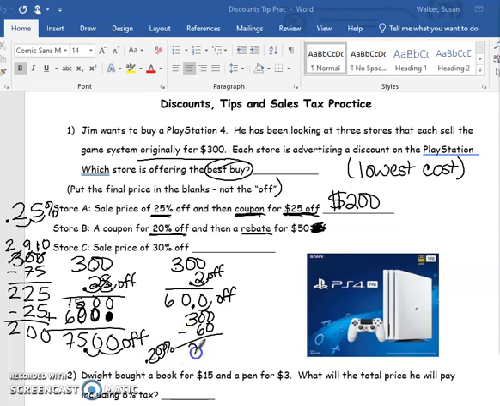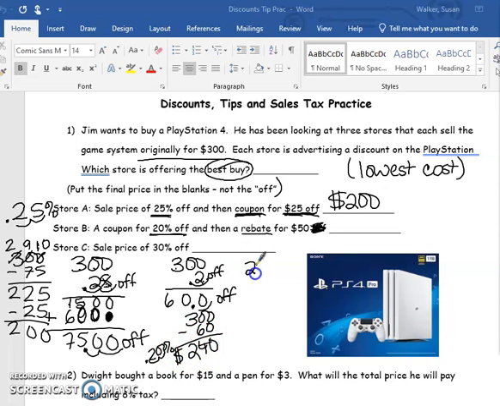And you should get 240. So now officially what we should be doing is we should be paying tax on this amount and then deal with our rebate. Okay, so what we're going to do is, again, for our purposes, treat this like a coupon.